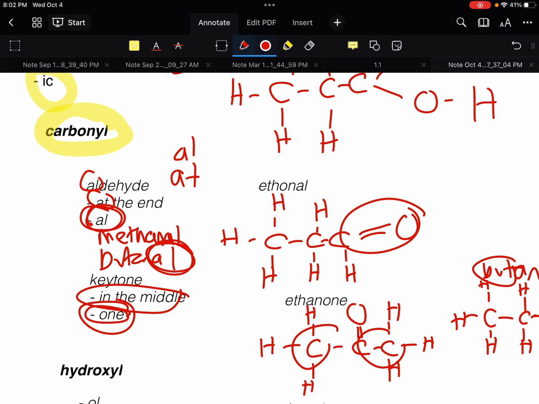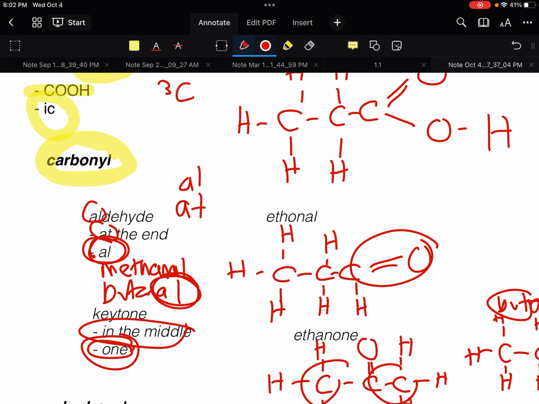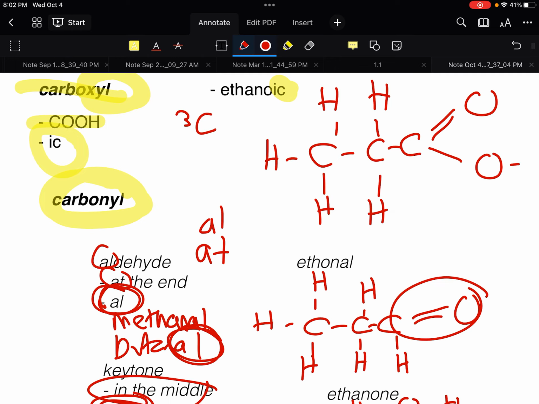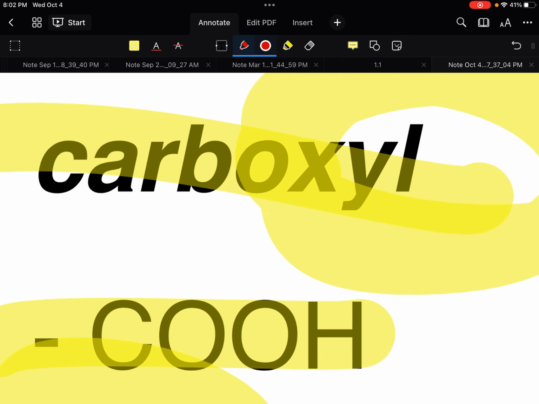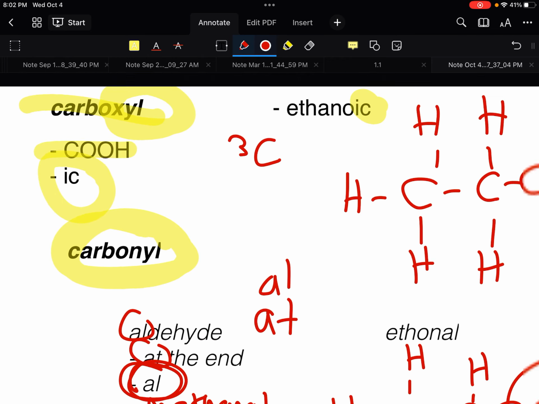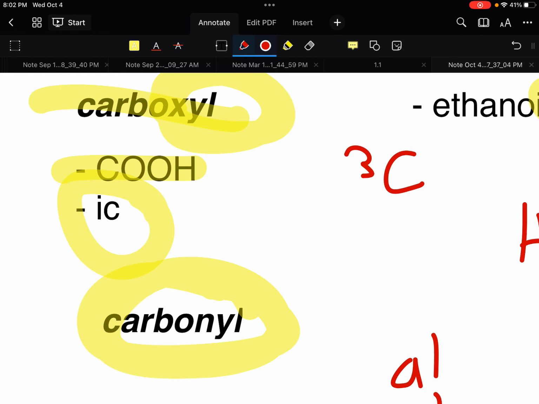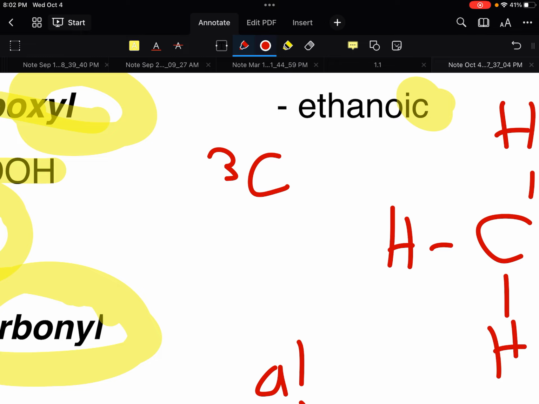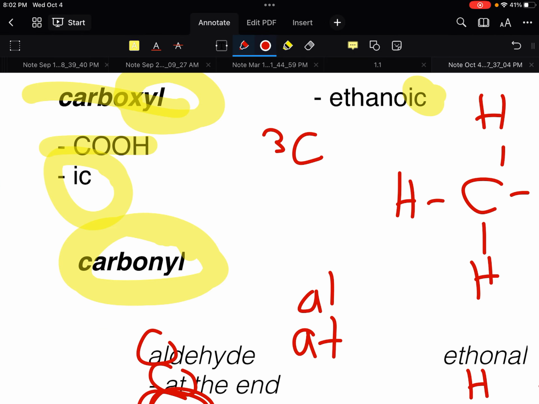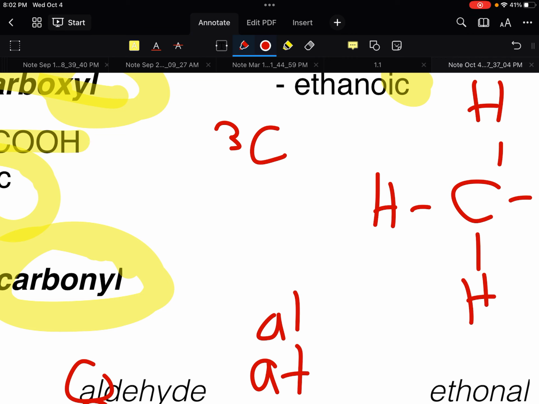All right, so just going over what we've covered so far. It's a lot of information right now. We have carboxyl groups and we have carbonyl groups. Carboxyl is just a COOH, and ends in IC, so ethanoic. Yeah, that's basically it.